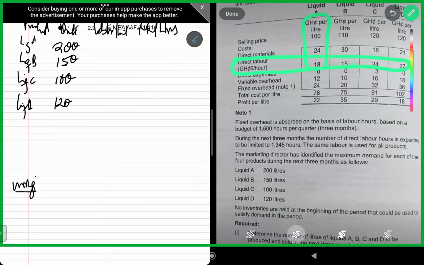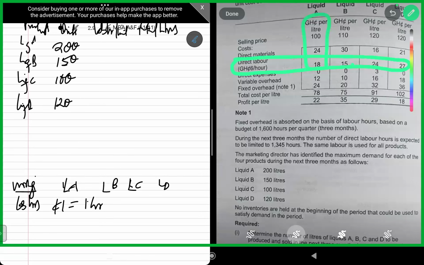So the workings, I'm working on labor hours. That is the workings. So when I pick liquid A, liquid B, liquid C, liquid D, the question is, let me do some simple ratio and proportion.